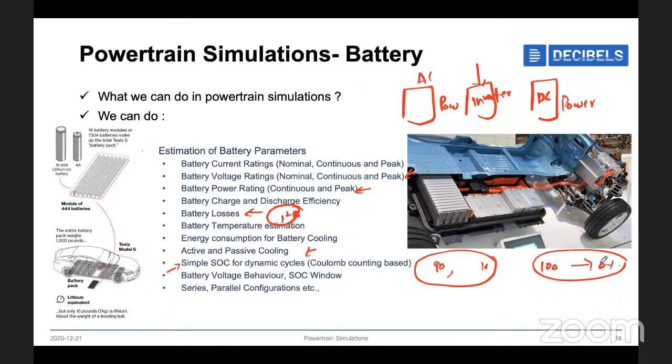Okay, but once after doing all these things, you also get how many cells are connected in series, how many cells are connected in parallel, the total number of cells, the battery pack mass, everything will come from this particular simulation.